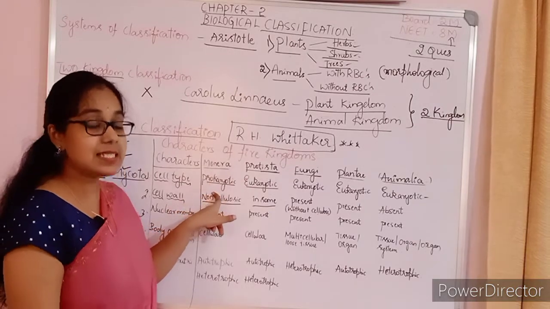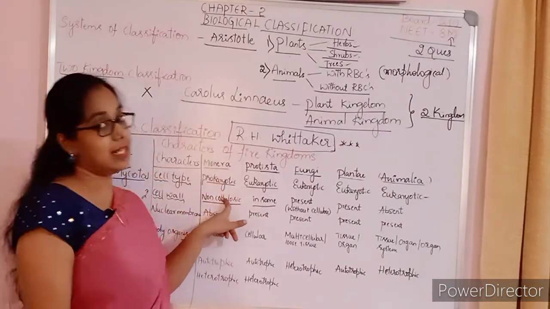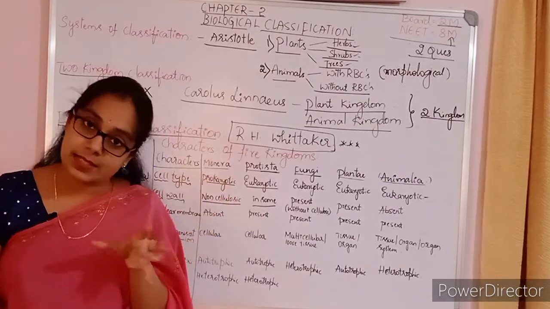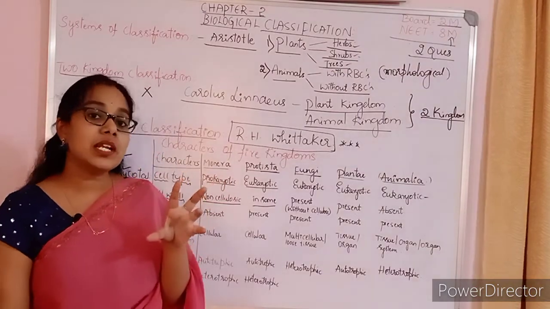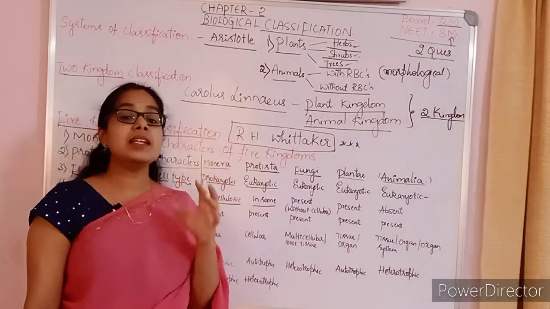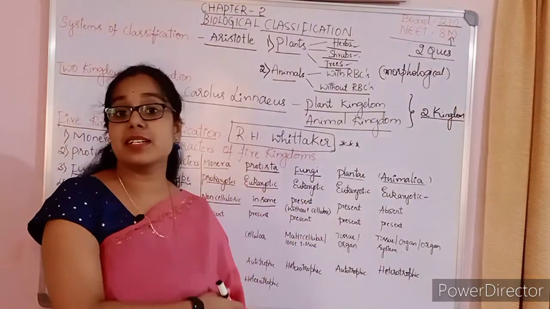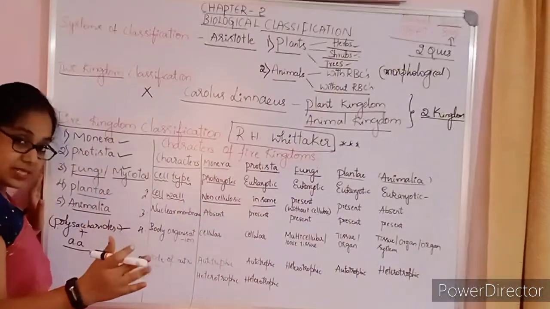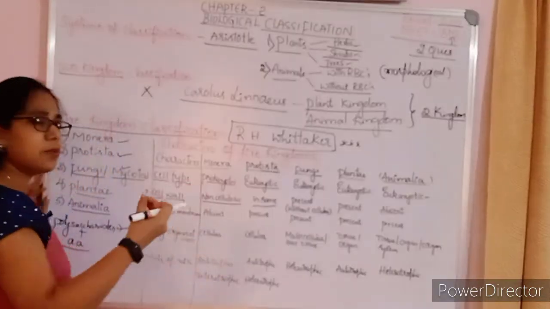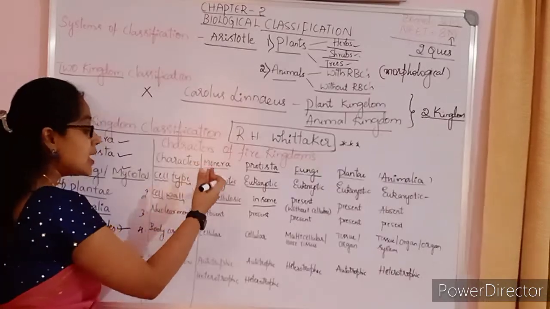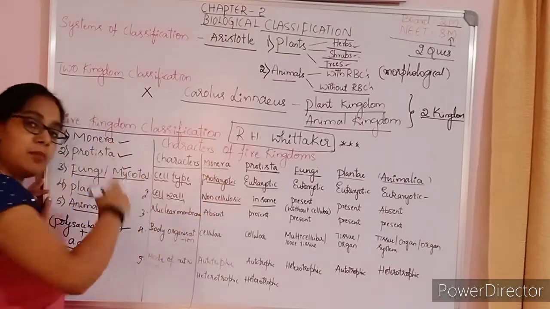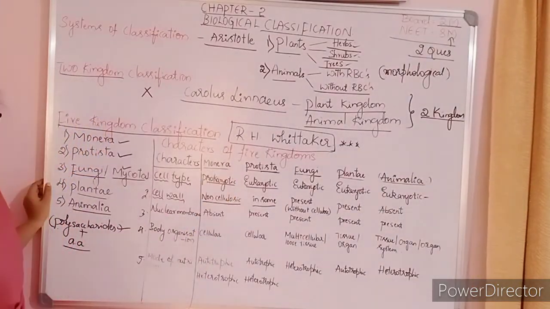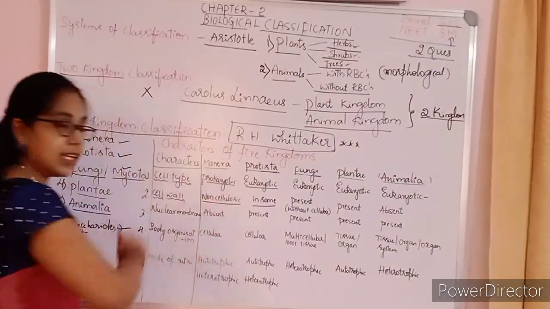Prokaryotic cells are the primitive cells, which means they have a primitive nucleus, not a well developed nucleus, and they also don't have membrane bound organelles. Since the nucleus is very primitive in Monera, they do not have a nuclear membrane. So nuclear membrane is absent in Monera since it is prokaryotic in nature.